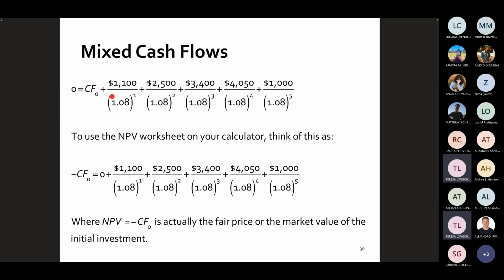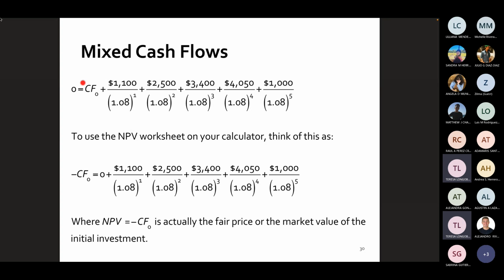Here is the formula for what we're entering. We need to find out what CF0 is, the initial cash flow. And we're going to offset the initial cash flow, what we're willing to pay, by the dollar returns, discounted to time 0.